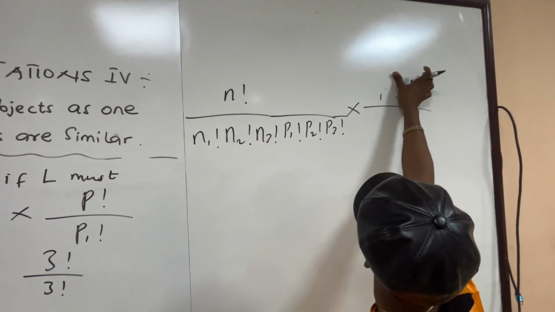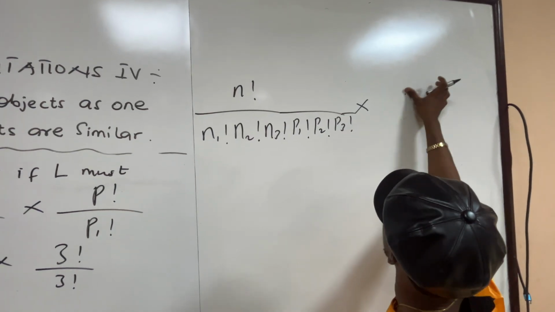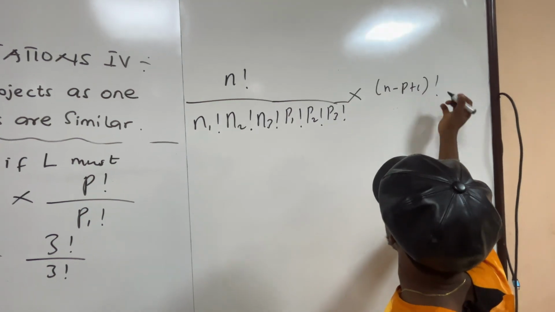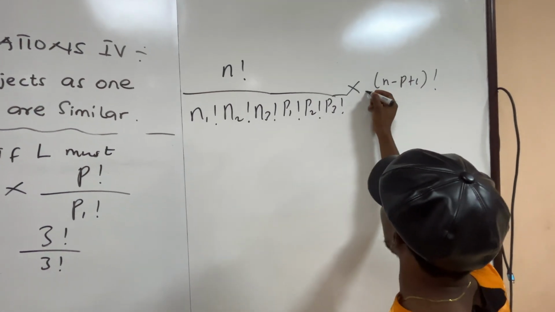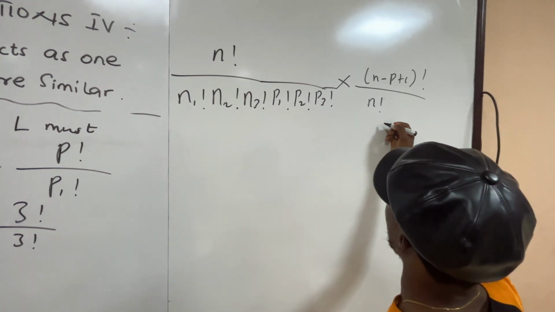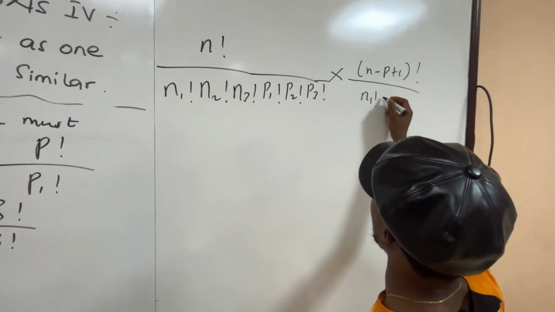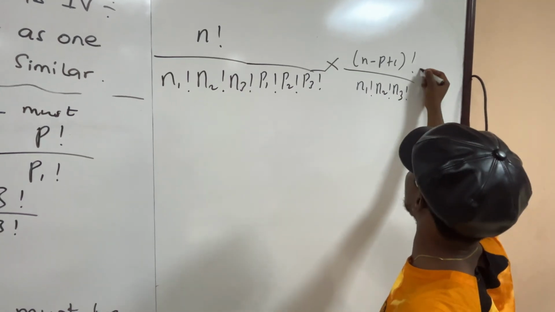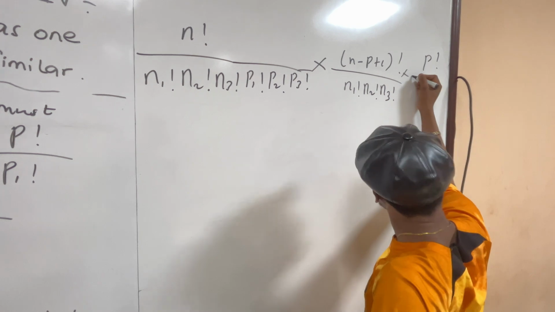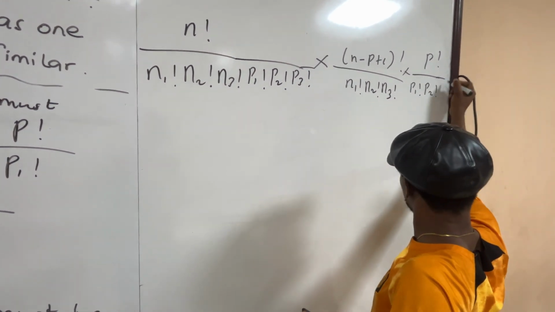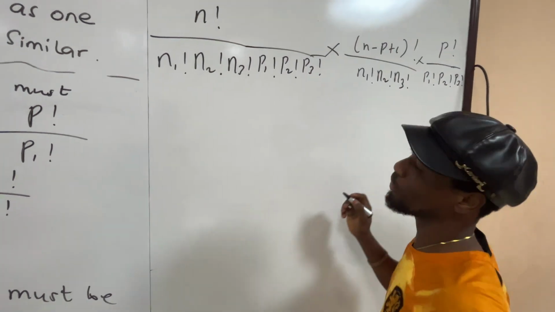Then times (N minus P plus 1) all factorial this way, then all over N1 factorial times N2 factorial times N3 factorial, then times P factorial over P1 factorial times P2 factorial times P3 factorial, right?